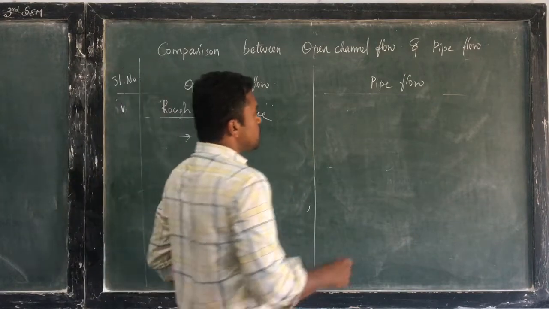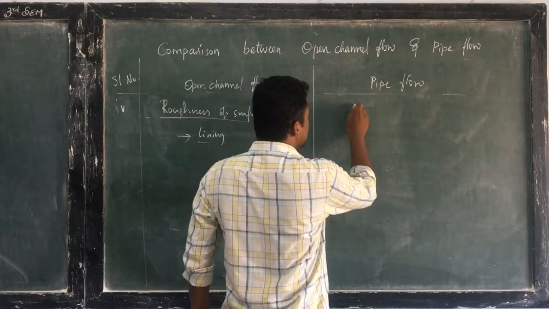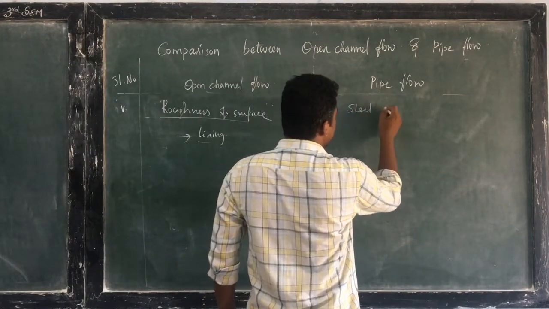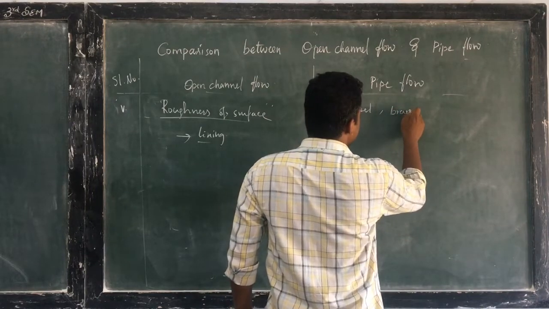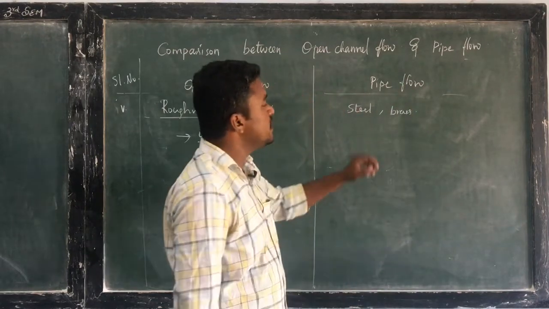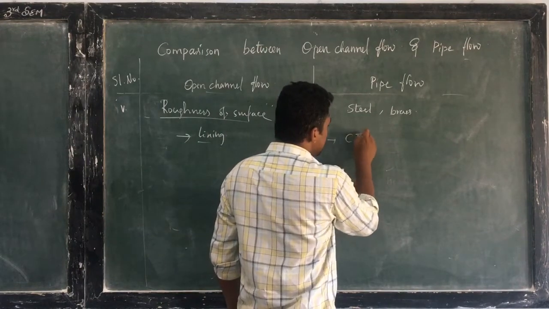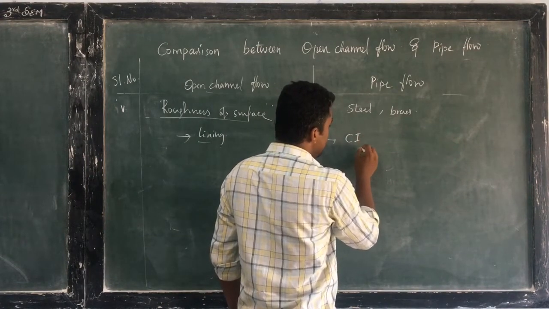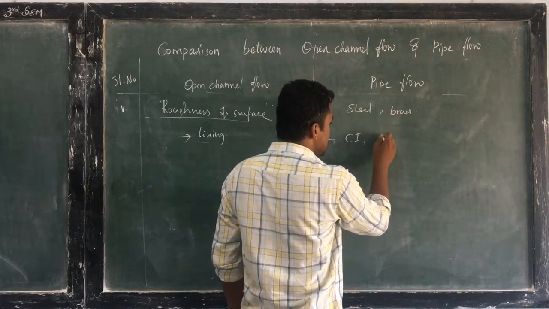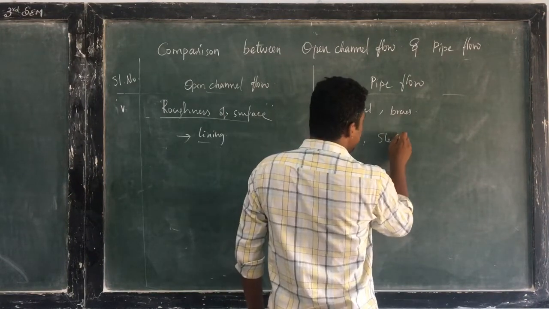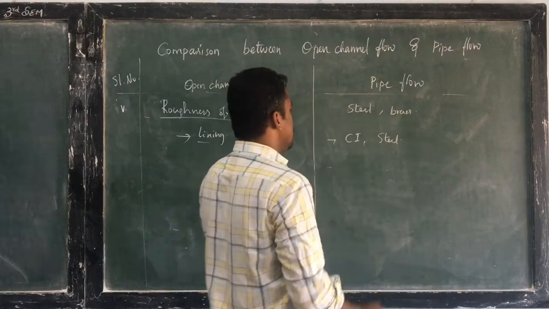If you take pipe flow, if the material is new steel or brass pipe, then it has relatively less roughness. If the pipe is old CI material or old steel pipe, then it has more roughness.